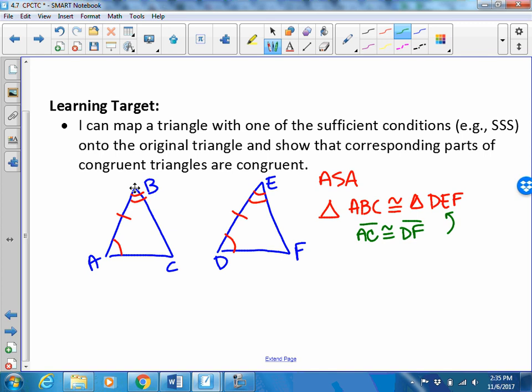I know that segment BC is congruent to EF because, based on the definition of congruent triangles, all the parts are equal. And I also know that the third angle, angle C, is congruent to angle F, all because the triangles are congruent. We don't really have a theorem, but it's a rule that we use, and that's what we're trying to discuss today.